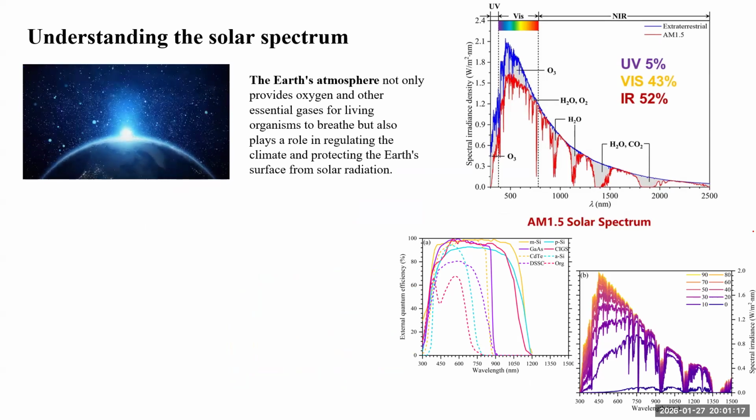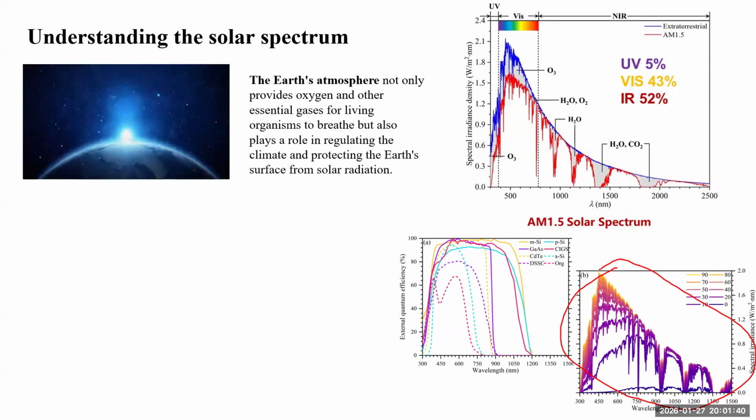Because for our buildings, with the different position of the sun and different incident angle, the solar spectrum is different. The solar spectrum for the morning, the afternoon, the noon time, and summer and winter are different.